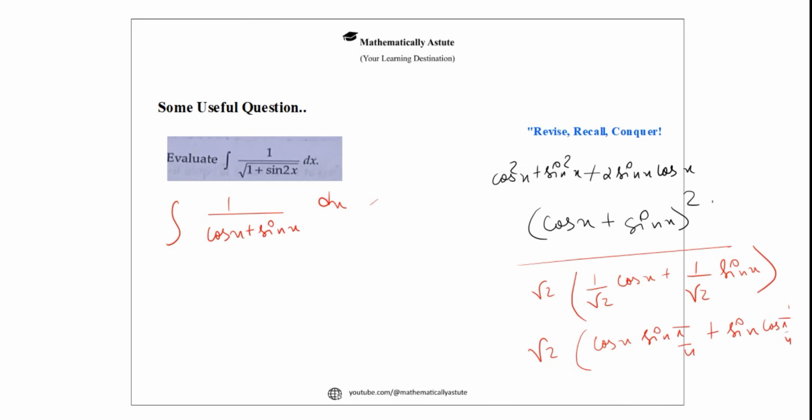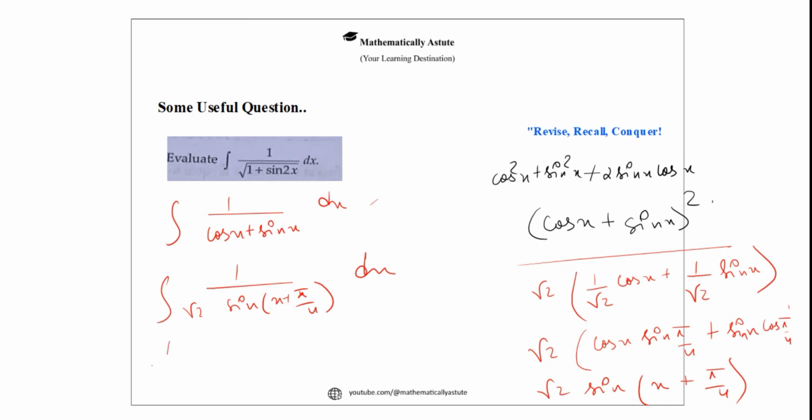So this has turned this cos x plus sin x into a single trig, the expansion of sin a plus b, where I'm taking x as a and this one will be b, pi by 4. Now this can be written as root 2 and sin x plus pi by 4 dx.